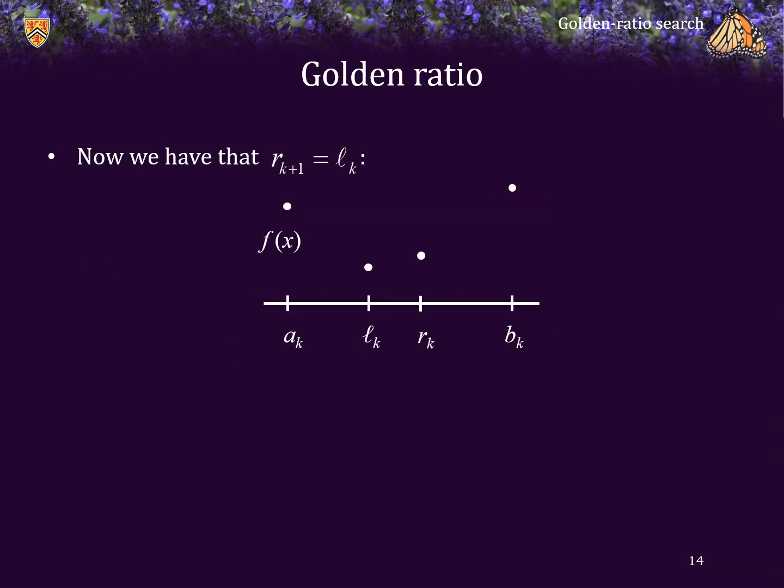Consequently, if we use this value of s, root 5 minus 1 all over 2, notice that with the next iteration, we see that the right interior point equals the left original interior point, and therefore we can use the same function evaluation. Consequently, we only have to perform one additional function evaluation, and that is at the new left interior point.